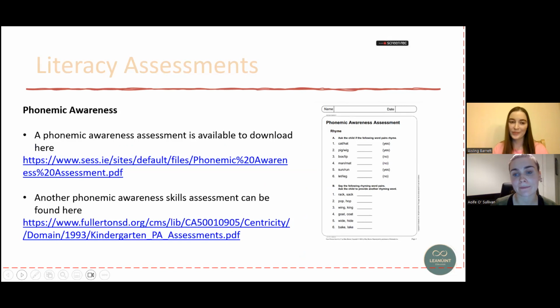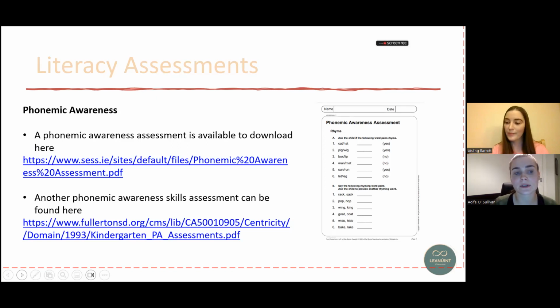More specifically, under the umbrella term of phonological awareness, we can also assess in the specific area of phonemic awareness, if that's the area in which you think your pupil has difficulty. So for phonemic awareness, the first assessment can be downloaded from the NCSE website, formerly the SESS, and the second one here is another phonemic awareness assessment, which can be found on this link.